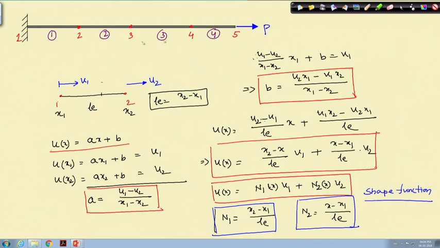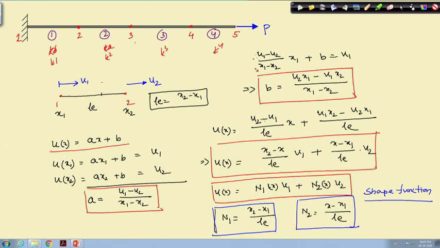Okay. Now, if you recall, this beam was divided into 4 parts. Similarly, for every individual part we can calculate the stiffness matrix: K1, K2, K3, K4 and so on.